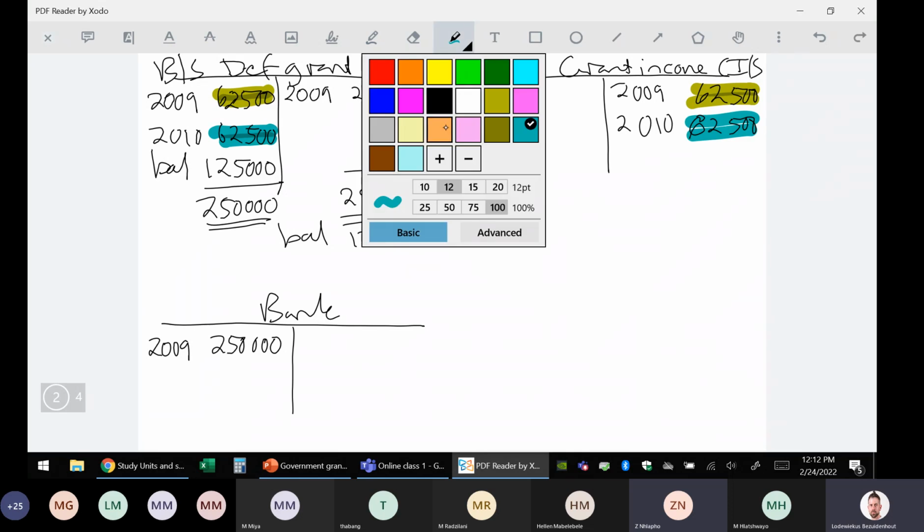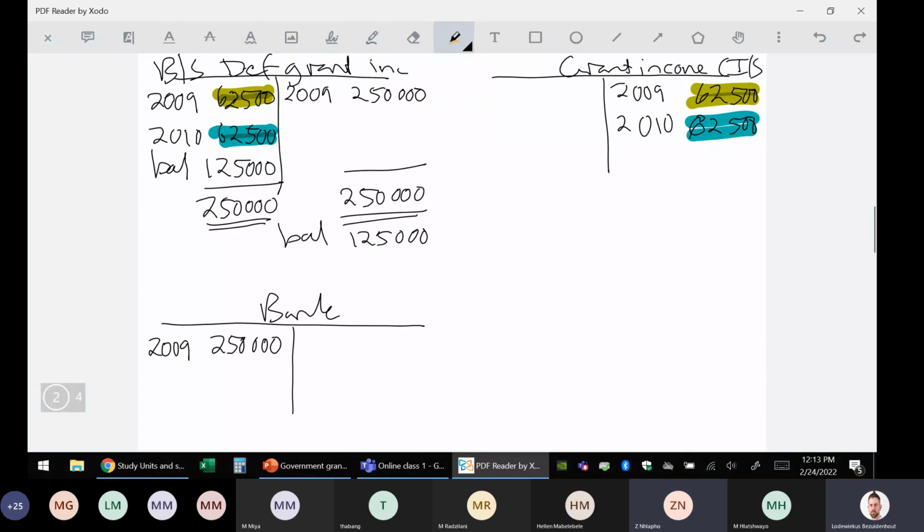So when we have to repay the grant, what's the rule? I have to say the bank needs to be credited with 250,000. That's the easy part. Because remember, we don't meet the conditions of the grant anymore. I have to repay the grant. So I credit the bank with 250.